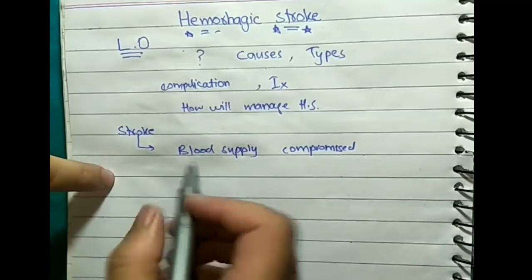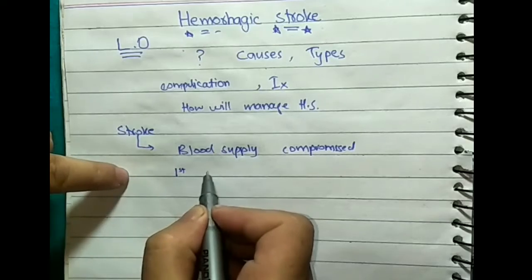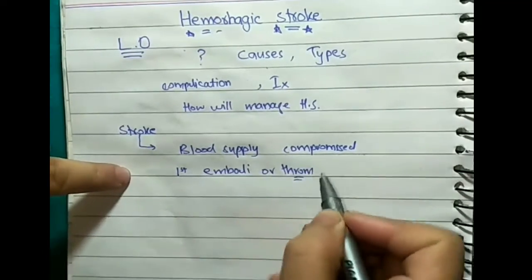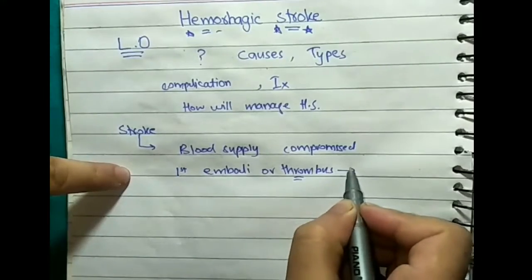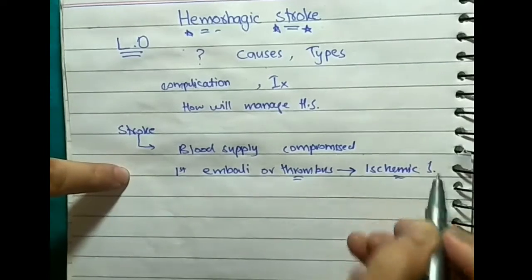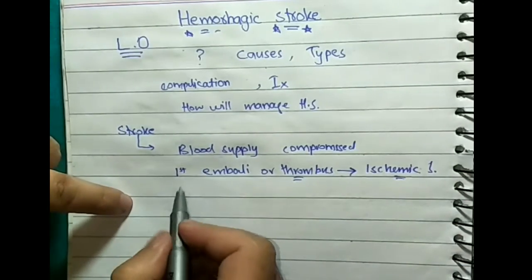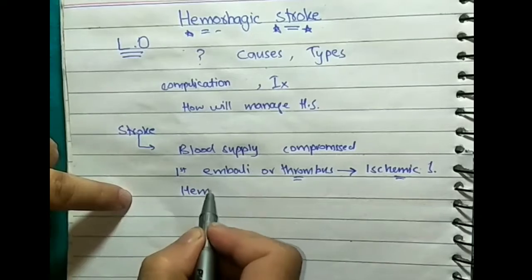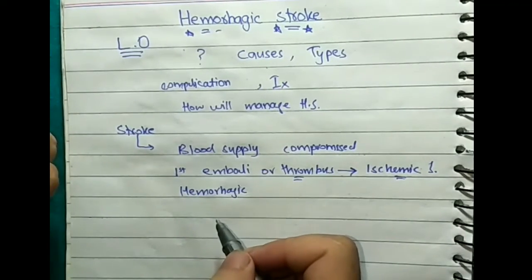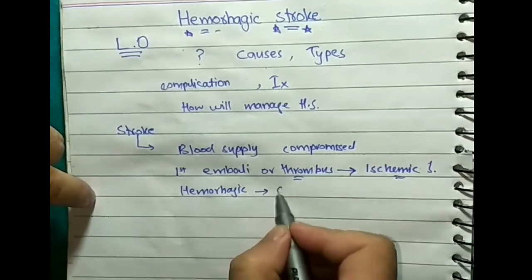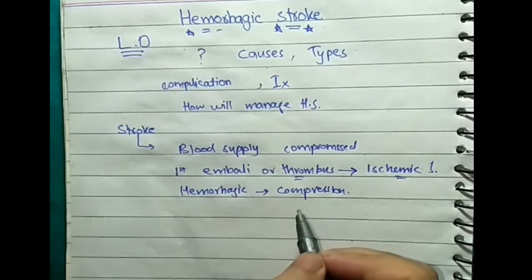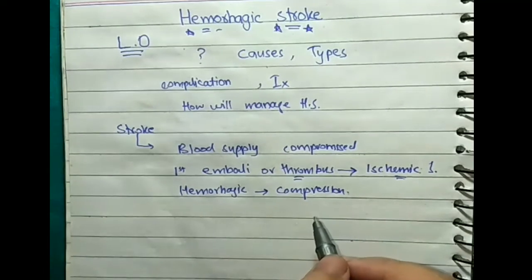The first is emboli or thrombus, which cause ischemic stroke. Another condition is hemorrhage. Hemorrhage causes stroke by compression. These are the two main types of stroke.